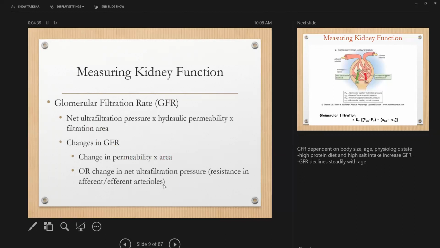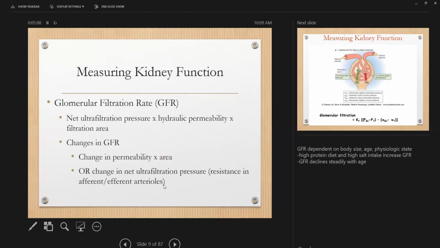Now, what does this mean if you look at it at a more global level? It means that the kidney is not going to be able to do its excretionary functions properly. Okay? So that's what it really means. So the GFR, though, you guys, it's dependent upon what the person's body size is, what the age of the person is, the physiological state or the health of that human's body. It also has a relationship to protein.